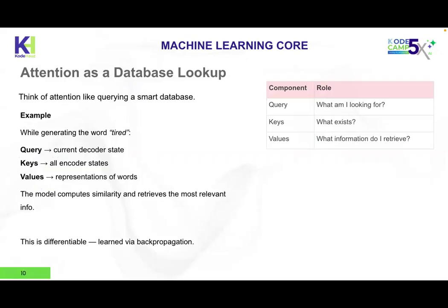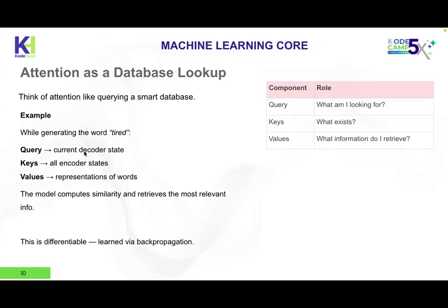And what it is trying to look for. Basically, it's a representation of what it is trying to predict next. Okay. Then the keys are all the encoder states, which is basically all of the previous elements in the sequence that comes into the encoder.